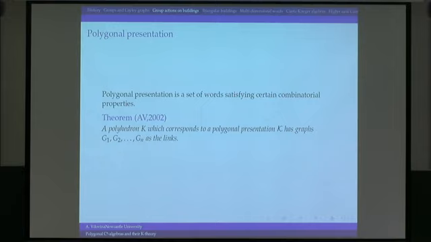The idea behind it is to describe what properties of the words are needed, so that if we write them on the boundary of certain polygons, then after gluings we get prescribed links. And I showed that one can really get prescribed links if you want to get a polyhedron.